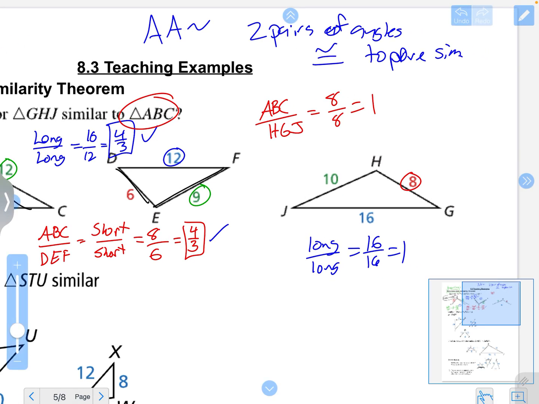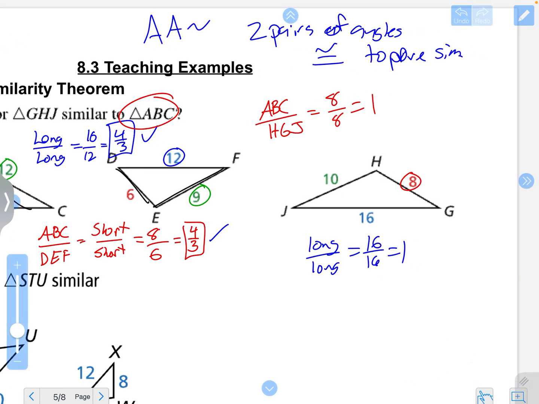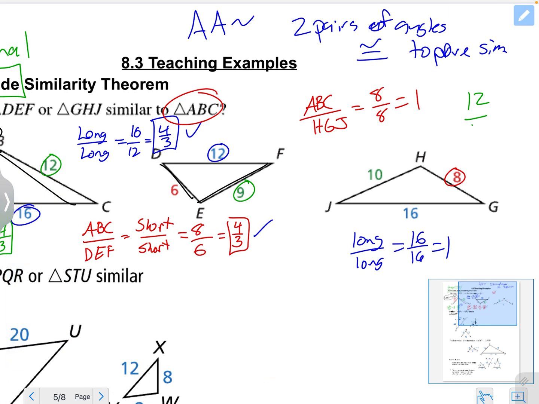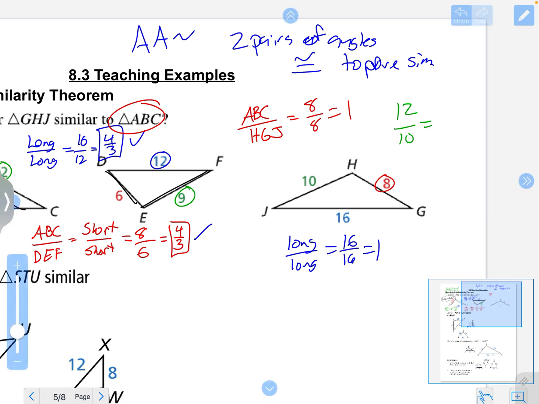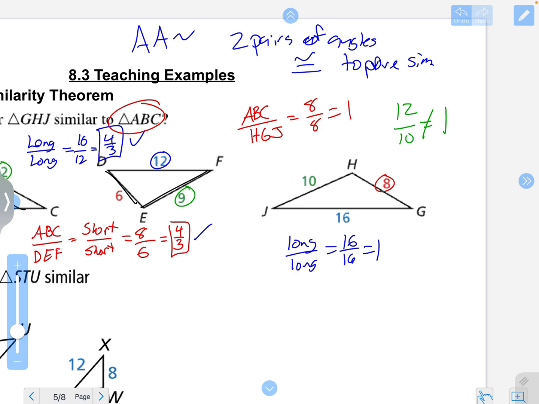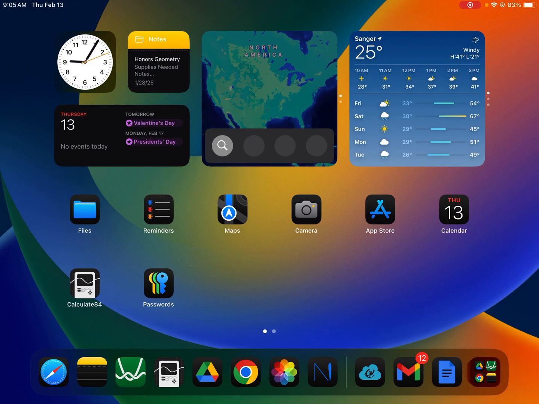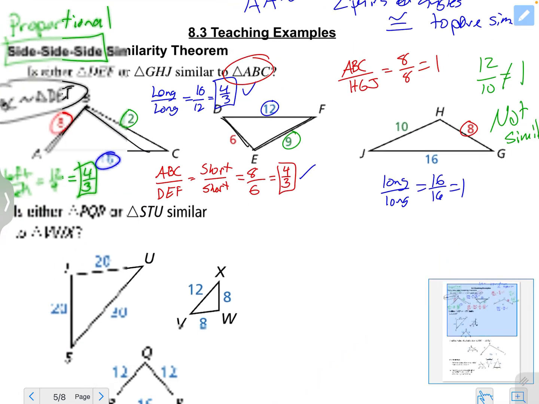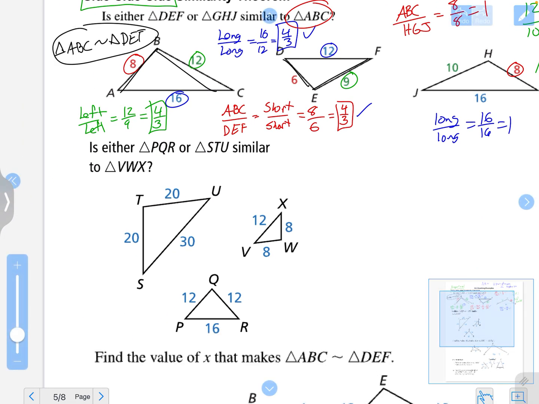And then we go what's left over what's left, which is 12 over 10. 12 over 10 does not equal 1, so they are not similar. We've got to check all 3 sides to make sure that they are similar.